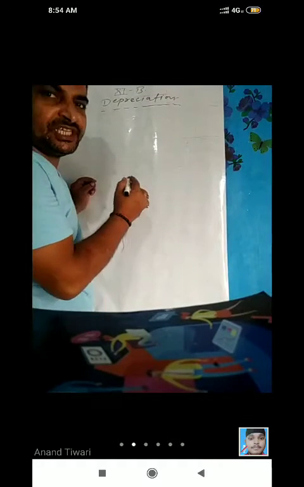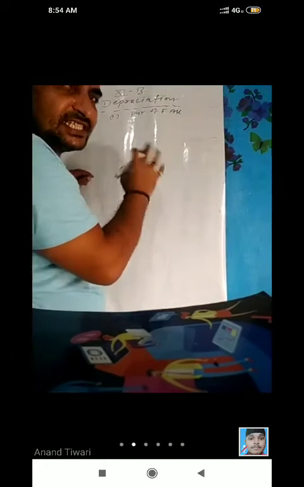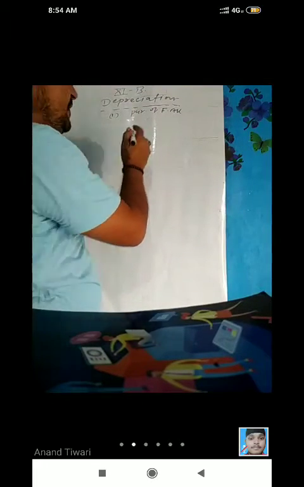In depreciation, first of all, you have to pass the journal entry for purchase of fixed assets, which I had discussed yesterday. So I am doing it fast.